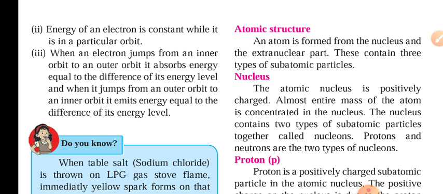Initially it was discovered by Maharshi Kanad, the Indian philosopher, who gave the concept of the atom and named it Parmanu. After that, various scientists came, Dalton, Rutherford, and Niels Bohr. All the scientists brought development in the field of atomic structure, and they gave different concepts regarding the atoms and the structure of the atom.